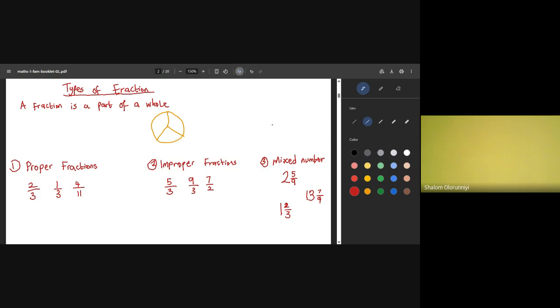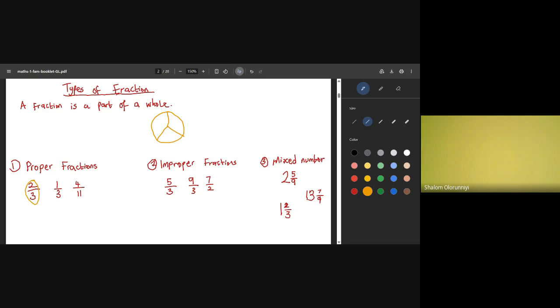Let me do a review quickly. What is a fraction? A fraction is a part of a whole, right? And I drew this beautiful pizza right here. And then I split it into 3 parts, 3 total parts, right? Then if we're asked to pick 2 parts from the pizza, that's going to be a proper fraction, because it's possible to get 2 out of 3.